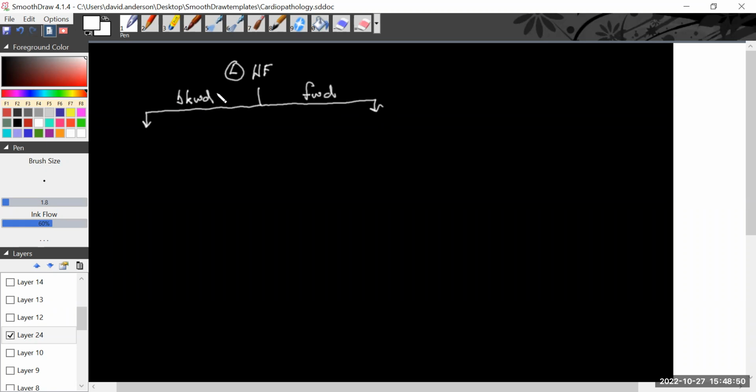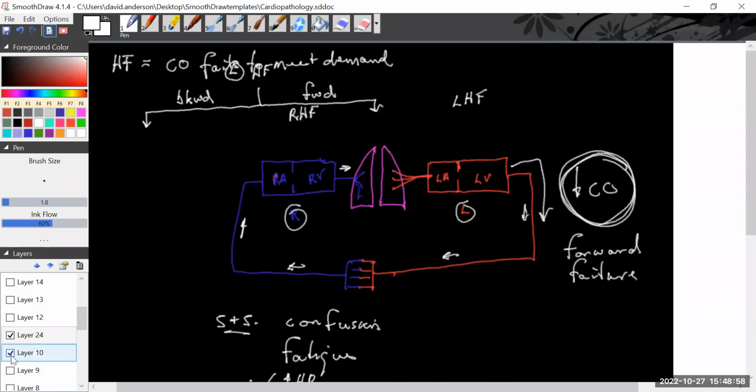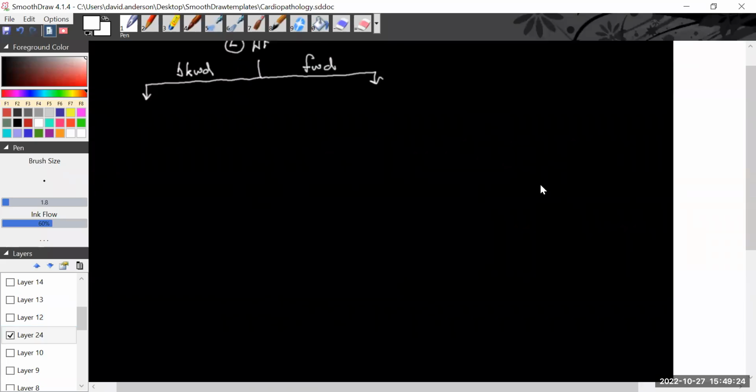Okay, so again, think about that drawing on the previous slide. If we're going to start right here, that is going to be a problem. So if we start with the left ventricle, that's what we're going to look at in this slide next. So here we are. Ready to go with forward effect.